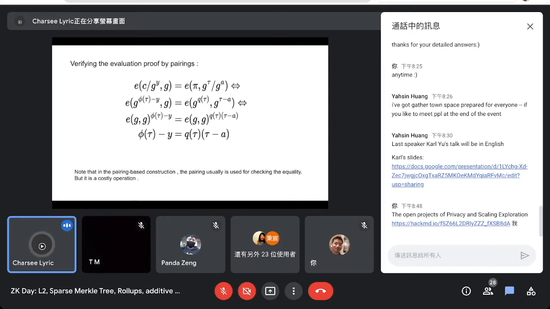In the evaluation phase, where we verify this evaluation proof, we mainly use pairings.